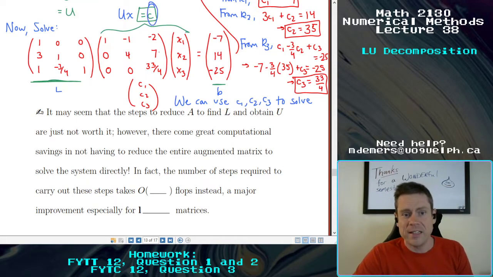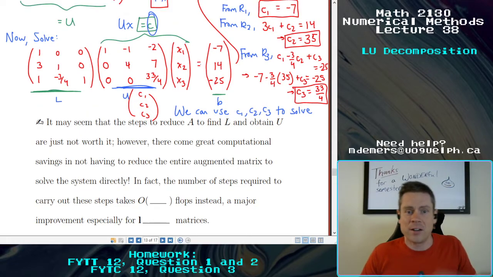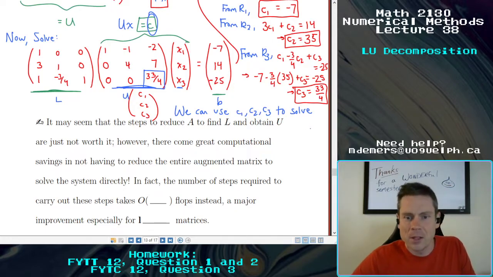I now know what c is. I have the U, it's right there. And so you see, I can use these to solve for the x. But I'm going to be really careful because I need to make sure that it's all related. So you see, the row 3 here is going to have a 33 over 4 x3 equals the c. And c is 33 over 4. Look at how nicely that works out. So we're solving Ux equals c.